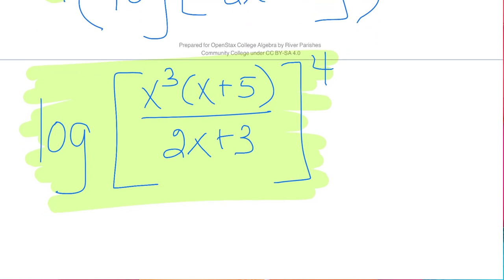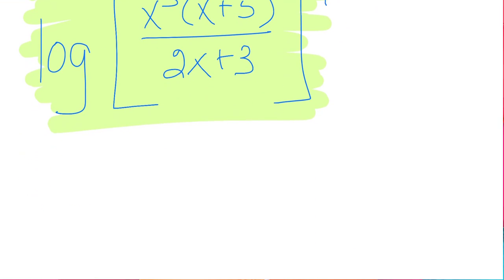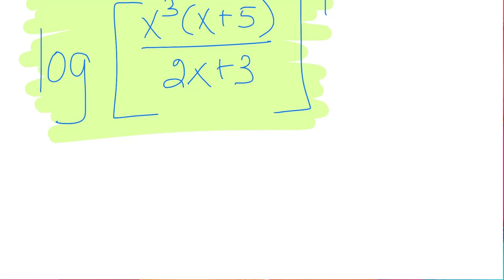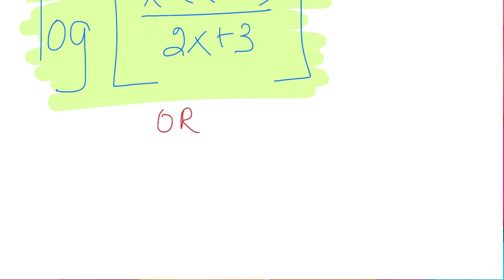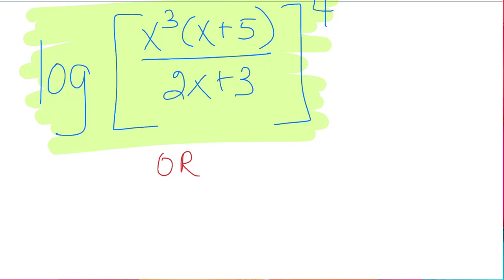But technically, you can simplify it even further, okay? You could use what you know about exponents. If there's a power outside of a power, you multiply, and now we have a power outside of a product and quotient of power. So technically, we could write it like this.